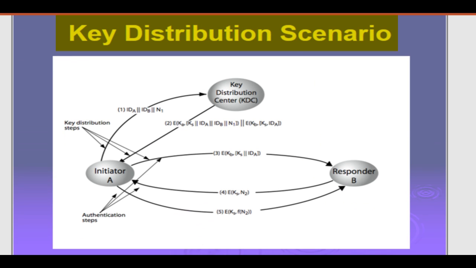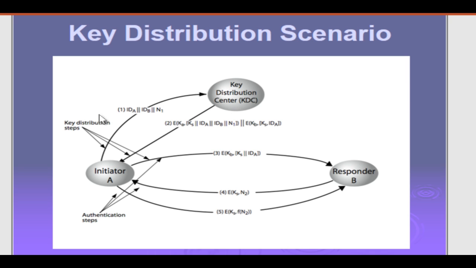Now let us see how key distribution happens between the two participants A and B. Initially, it is done in 5 steps. First, the user A, the sender, sends a request to the KDC for getting a session key. In the request, he sends the identity of A, the identity of B, and a nonce N1. He sends the identity of A because the KDC has to know from whom the message is.